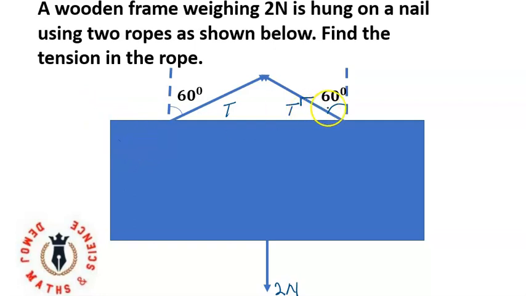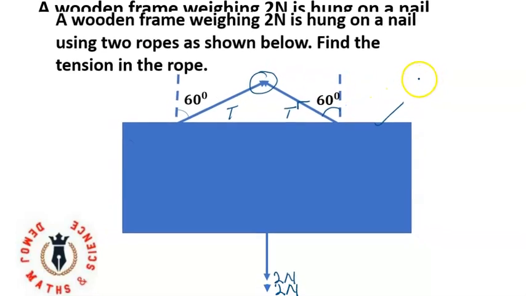Now here is the wooden frame weighing 2 Newton and is hung on a nail. Here is the nail. Now let me redraw it to make it easier.